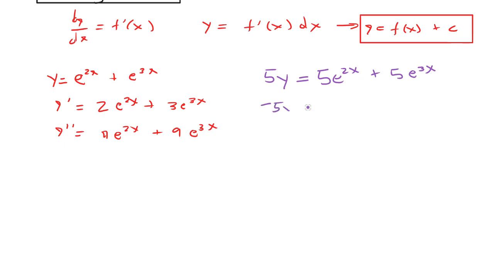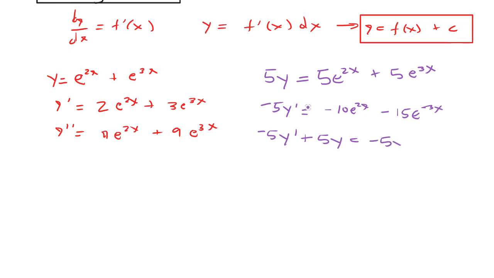We get minus 5y prime equals negative 10e to the 2x minus 15e to the 3x. But what happens when we add these two?